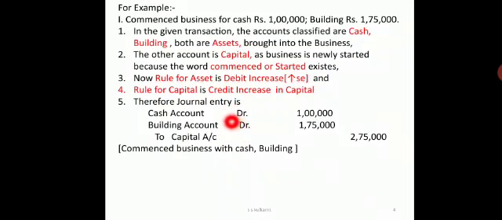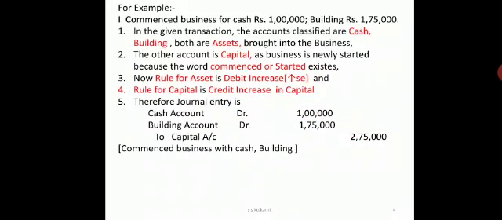So if there is 1 debit and 1 credit, it is a simple journal entry, and if the debits are more than 1 or credits are more than 1, it is treated as compound journal entry. So this entry becomes a compound journal entry because you are having 2 debits and 1 credit.